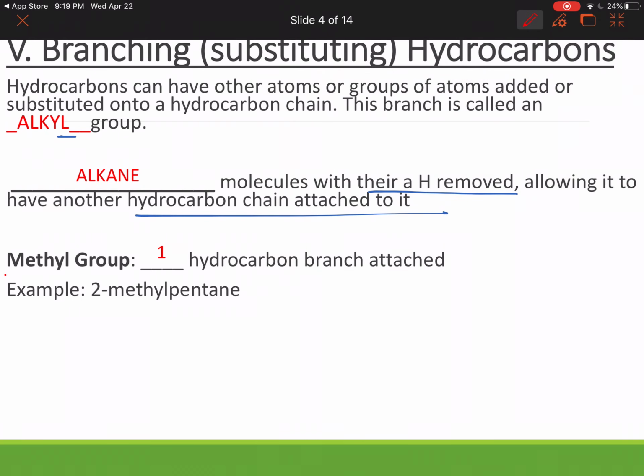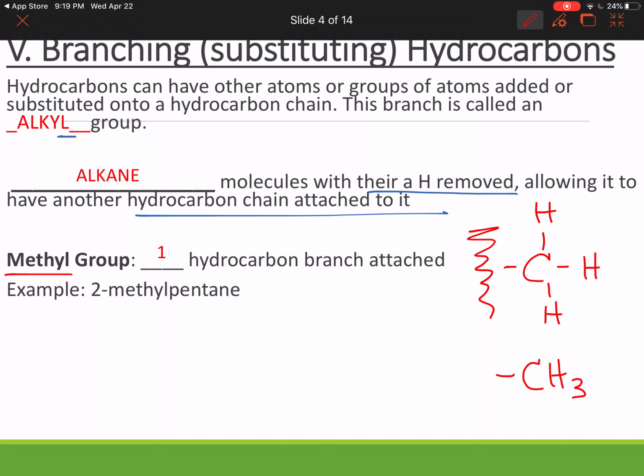If I want to show a methyl group, instead of writing CH4, I would write CH3. And not only that, the other H is not there because this gets attached to a main chain of another hydrocarbon. Okay, what's another way of showing this? We collapse everything and we just say CH3.